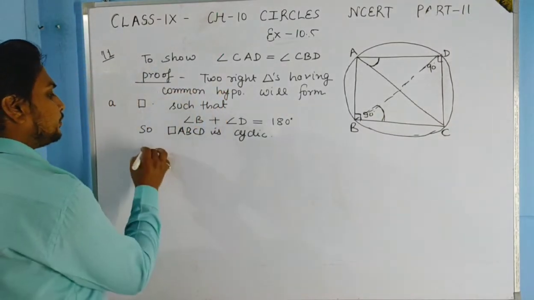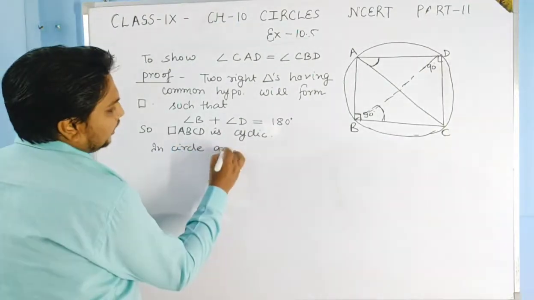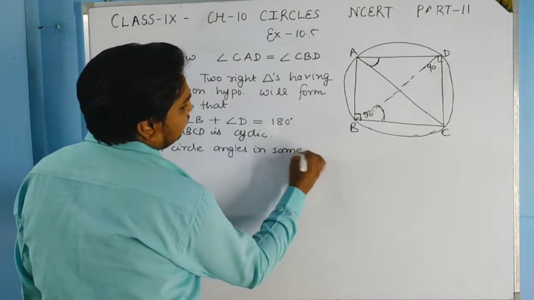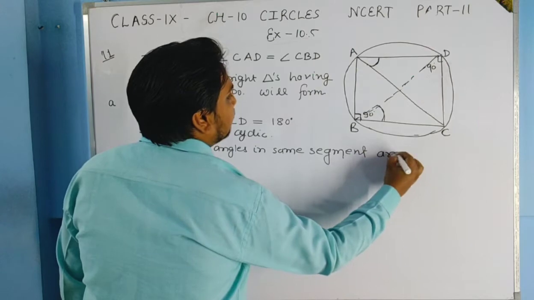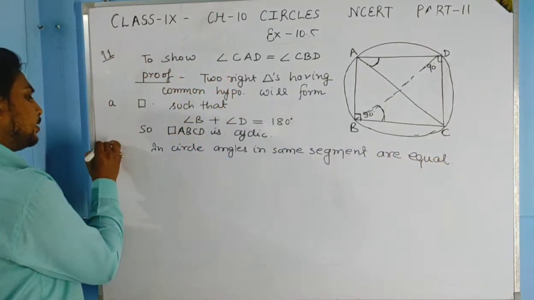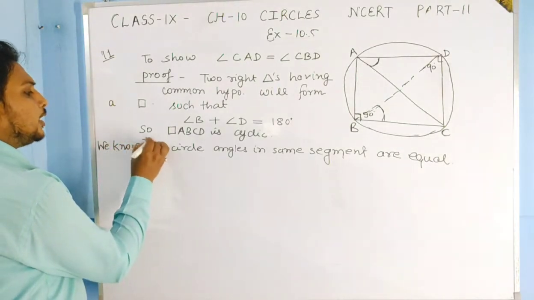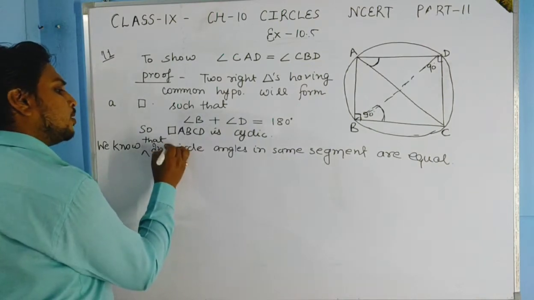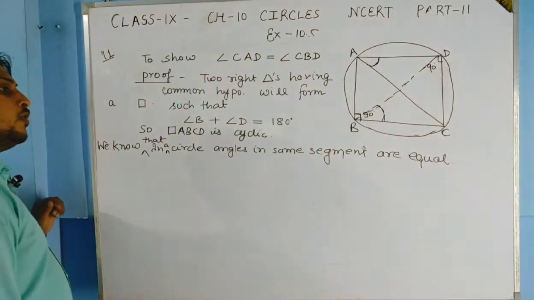Now you know very well, in a circle, angles in the same segment are equal. Okay, we know that in a circle, angles in the same segment are equal.